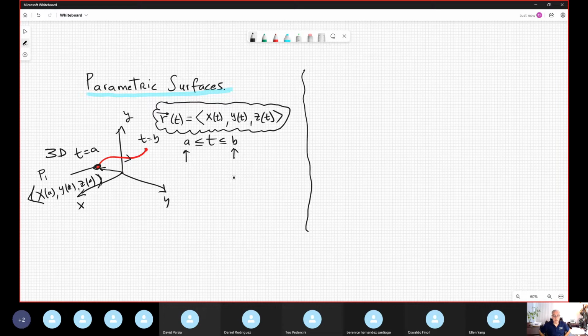Now I want to parametrize, no curve anymore. We parametrize a surface now. It's the same idea. It is a vector value function, but in this case, the vector value function contains two parameters. Not t, t is one dimension.